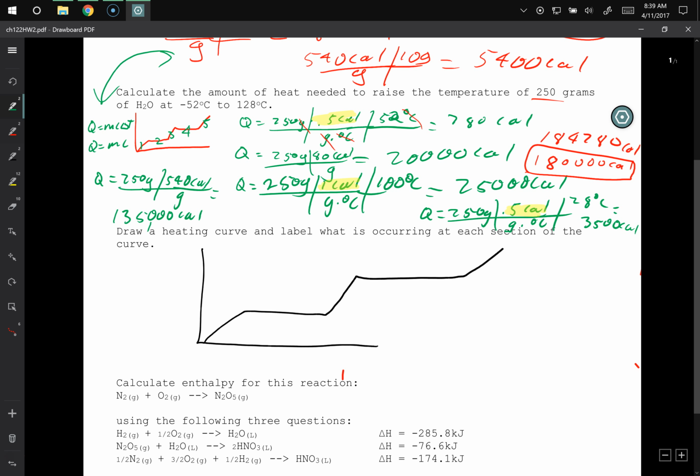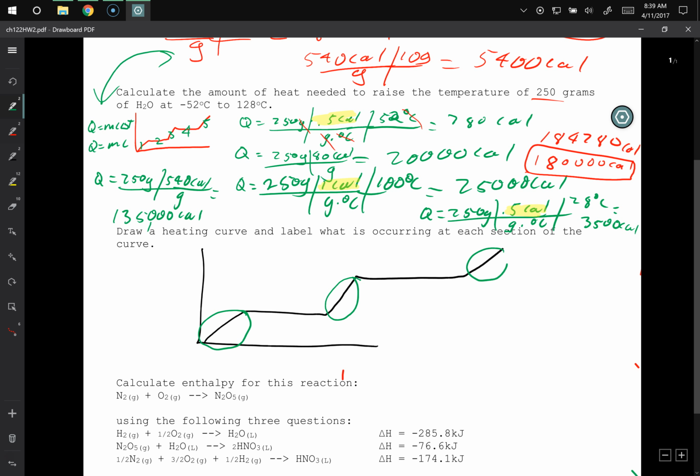Okay, so what's happening right here? The ice is heating up to its melting temperature. What's happening to the molecules? They're just moving more, right? So what about this part right here? Same thing.